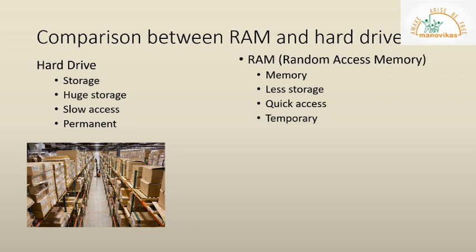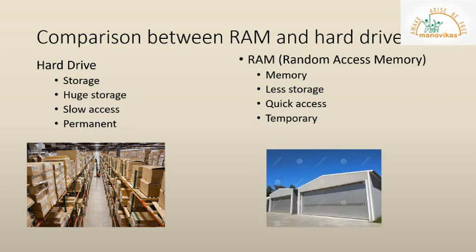But at the same time, suppose you have a wide storage house with bigger doors. Maybe the capacity is less, but the access to it will be easier. So that is the difference between the RAM and the hard drive.